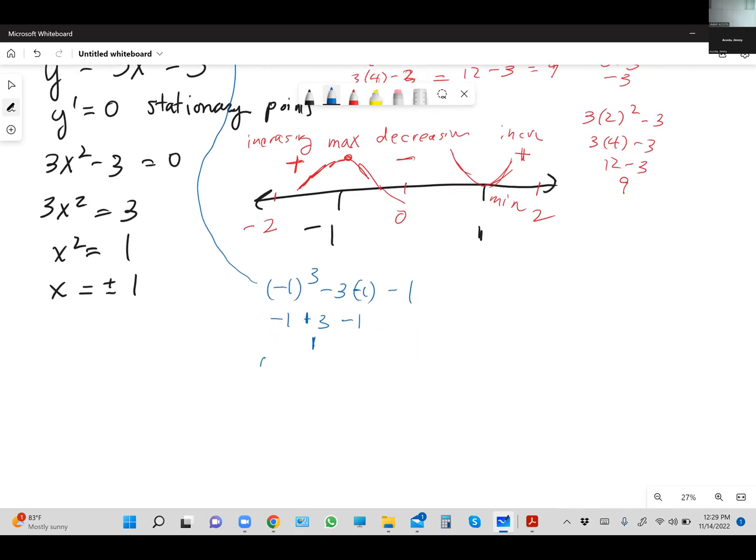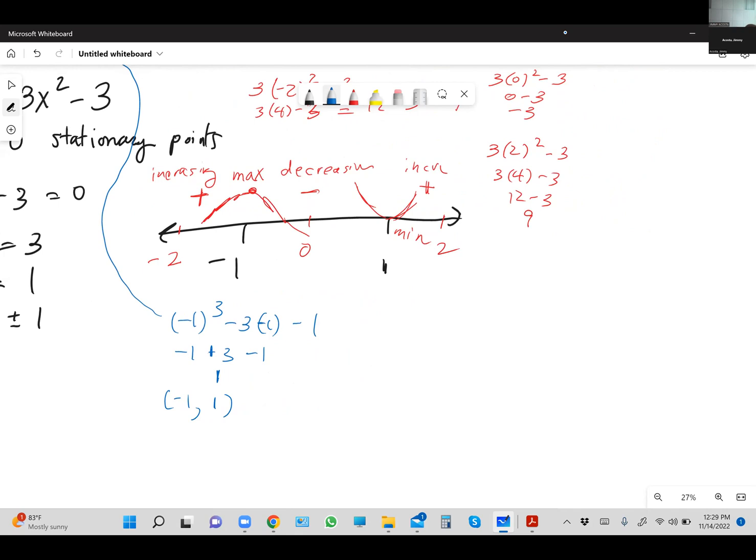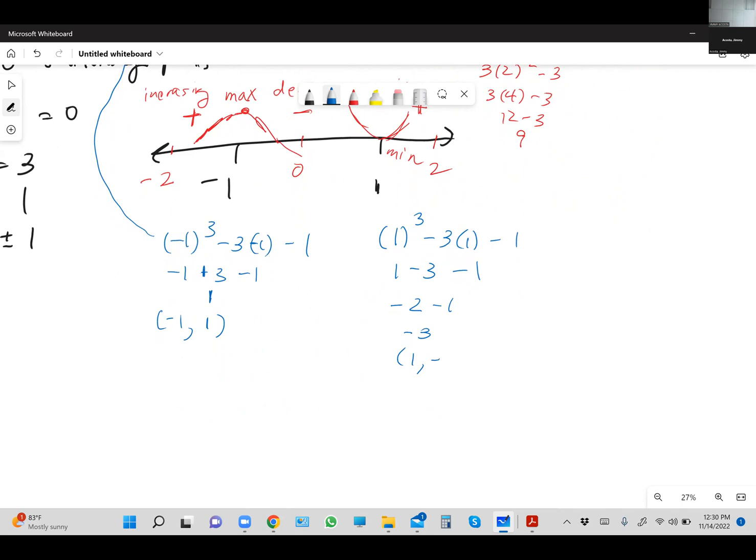So when x is -1, your point is 1, (-1, 1). And so we put 1 in there. We have 1 to the third minus 3 times 1 minus 1. So that's 1 minus 3 minus 1, which is -2 minus 1. So that's -3. So you have (1, -3).